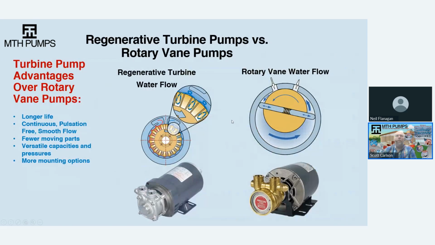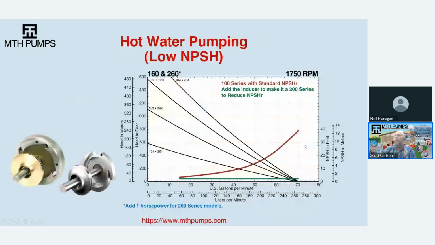Another comparison would be a rotary vane pump. If you're familiar with Procon or Fluidotech, they are rotary vane pumps, and we can compete with them pretty well. When it comes to NPSH, I talked a little bit about it in the earlier session, but I'll get a little more into it here.